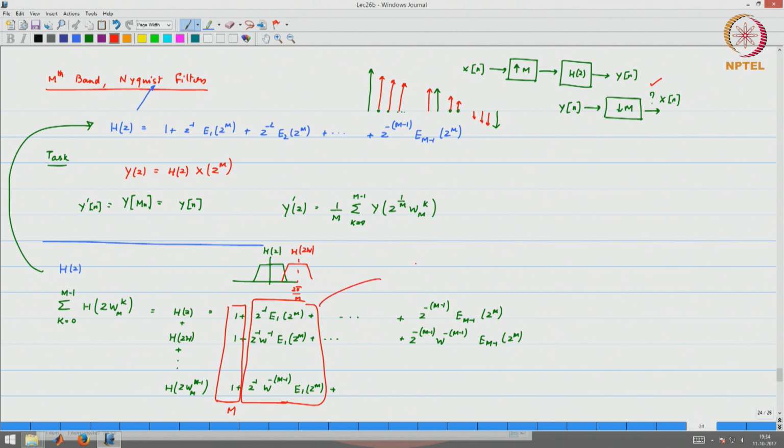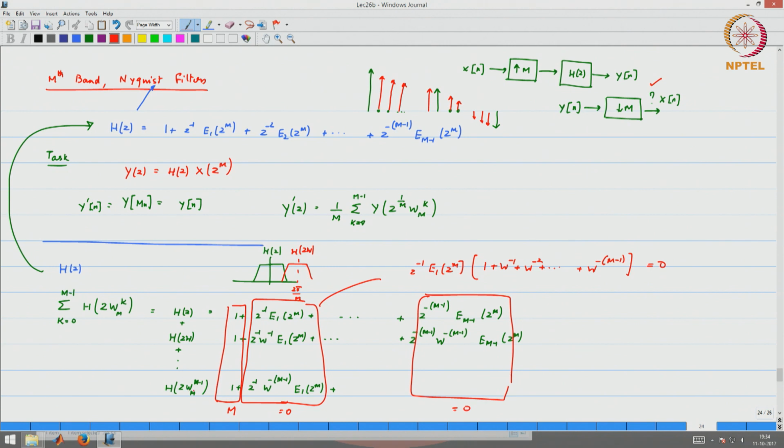So this can be written as z inverse E1 z power m multiplied by 1 plus w inverse, w minus 2, plus w minus m minus 1 powers of the roots of unity. So therefore this is equal to 0. So similarly this adds up to 0. Similarly, each one of these columns you can verify adds up to 0.